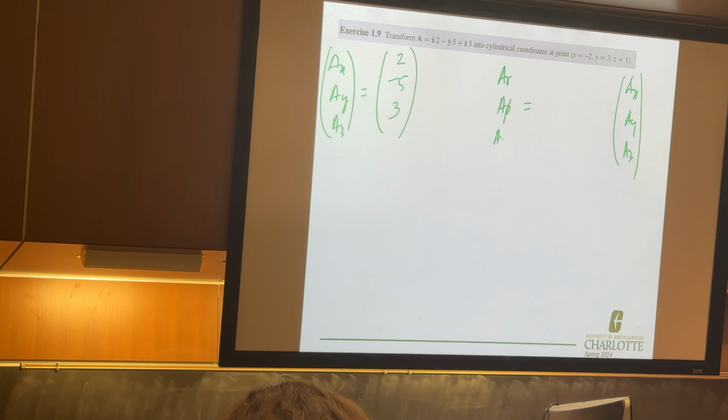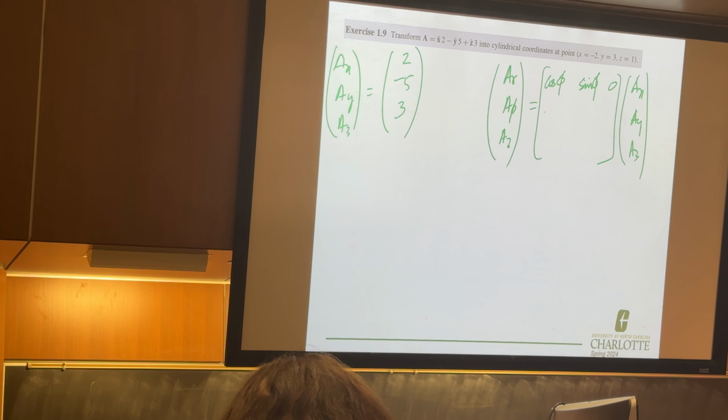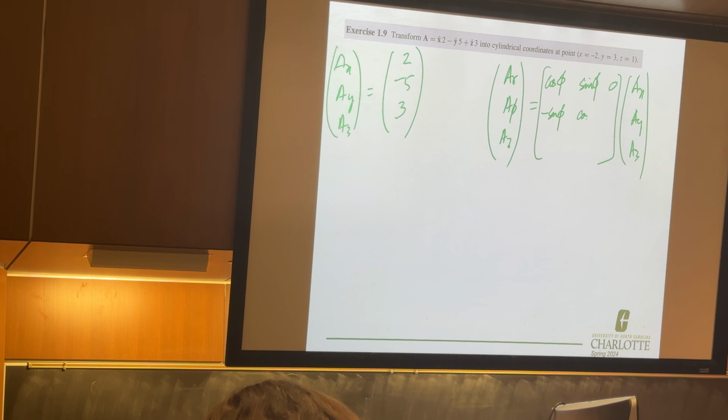This is what we need, and the transformation matrix to transform XYZ into cylindrical coordinate system looks like this. Cosine phi, sine phi, 0, minus sine phi, cosine phi, 0, and then 0, 0, 1. Right?